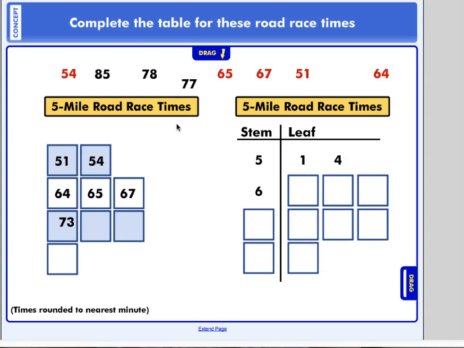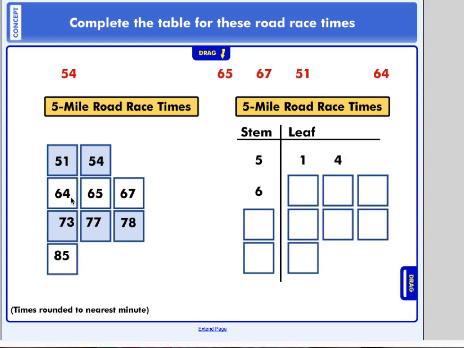Then we've got 77, and we've got 78. And then our 80s, we've only got 85. So basically what we did was we took these numbers and put them in order. Now in the stem and leaf plot, we put the tens on one side, the stem side, and then we list the leaves on the other side, which are the ones.